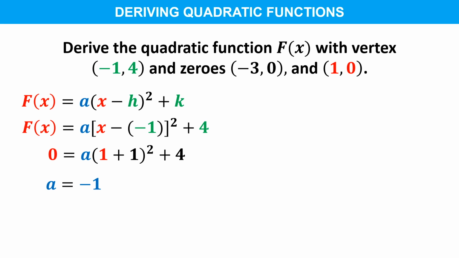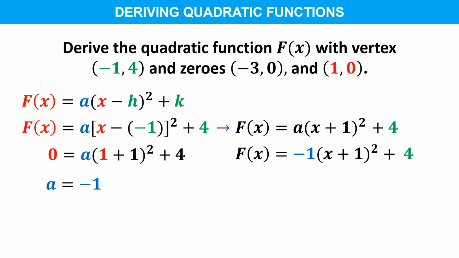This implies that the graph of f of x opens downward. Now, substitute a is equal to negative 1 to the vertex form, which is the same as f of x is equal to negative quantity x plus 1 quantity squared plus 4.